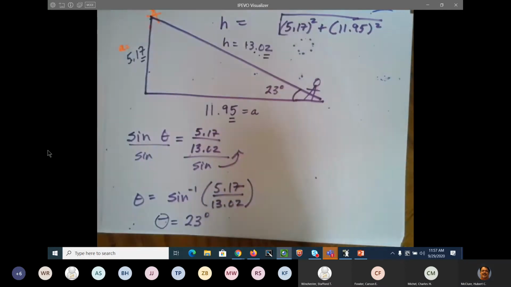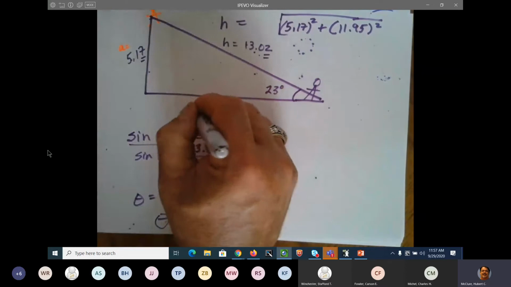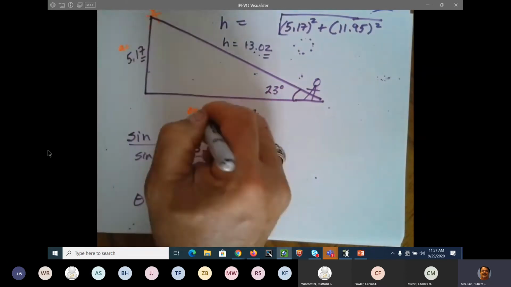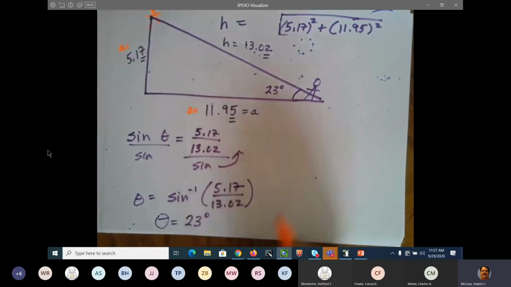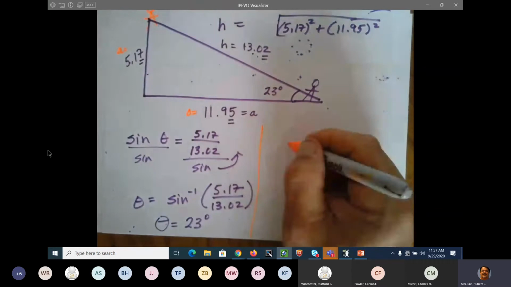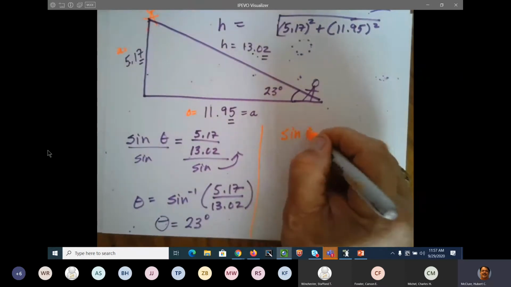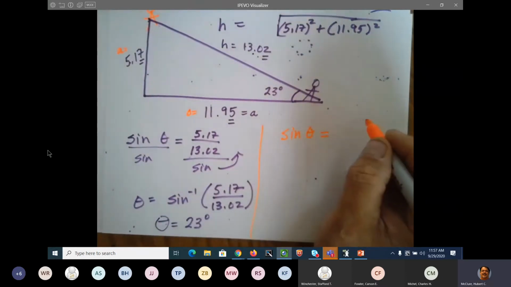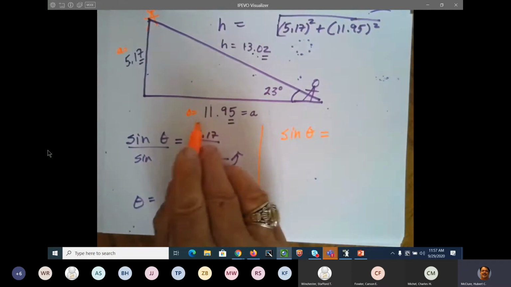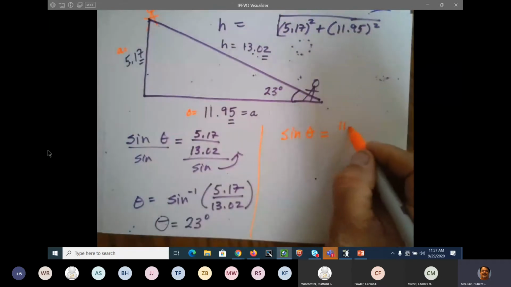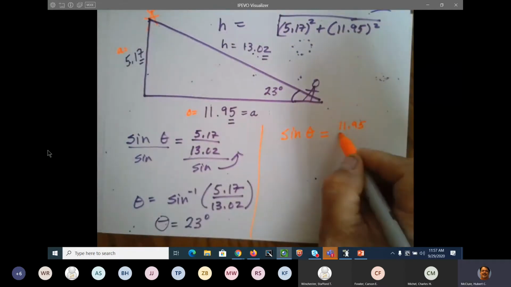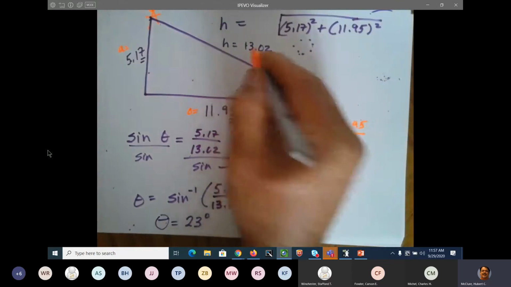Adjacent. So that means if I'm up here, this is the opposite. So here we go. Sine of theta is equal to opposite over hypotenuse, so that's going to be 11.95 divided by 13.02.